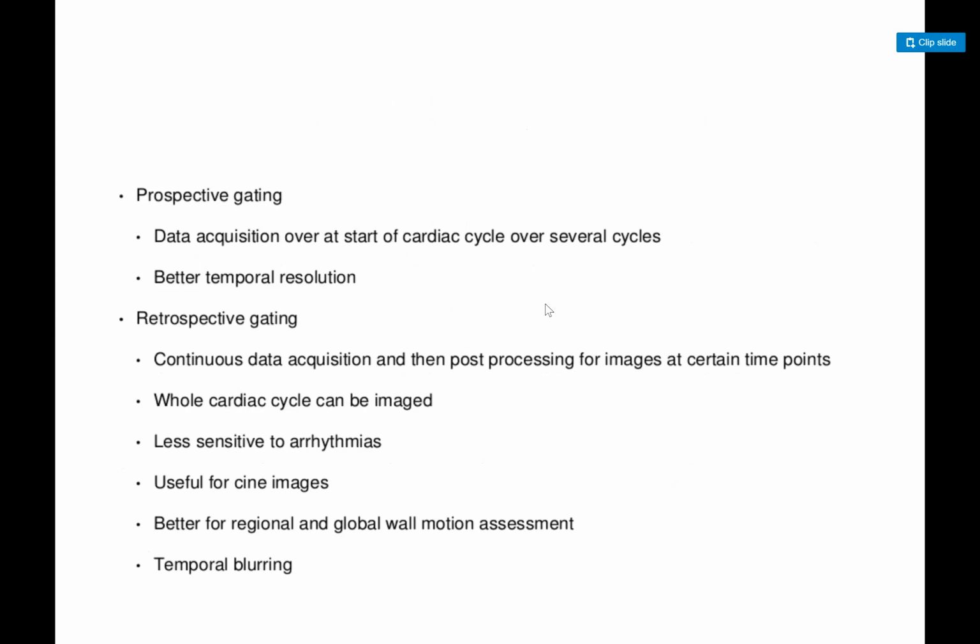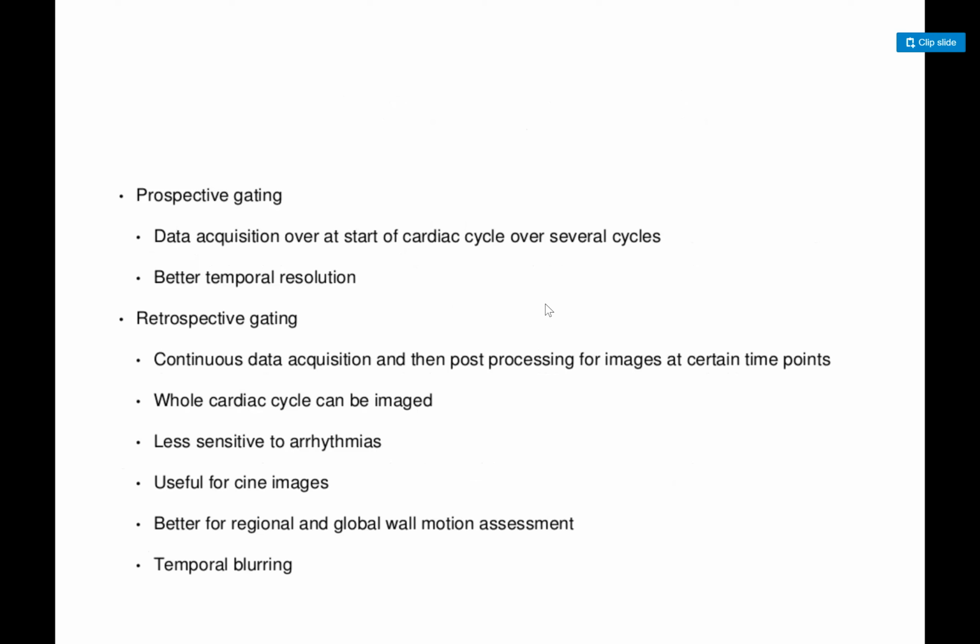And there are different types of gating. One is prospective gating, where the information is obtained at the start of the cardiac cycle over several cycles, and then it adds up and makes an image.